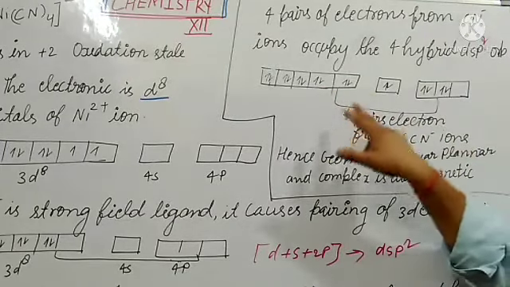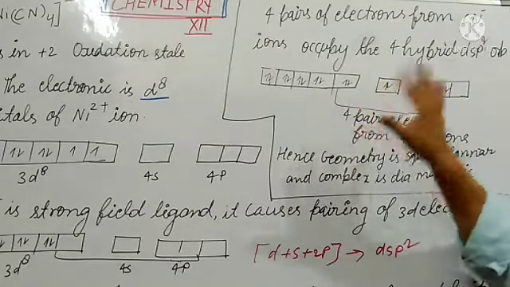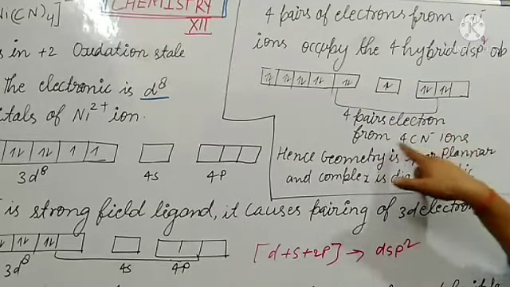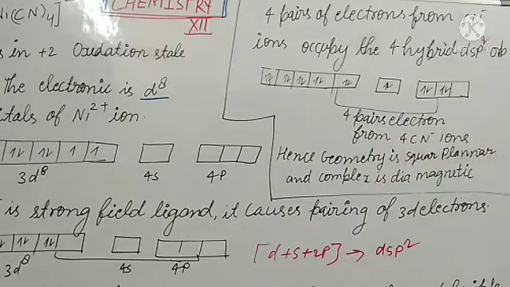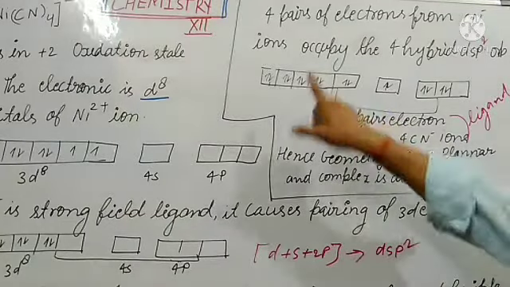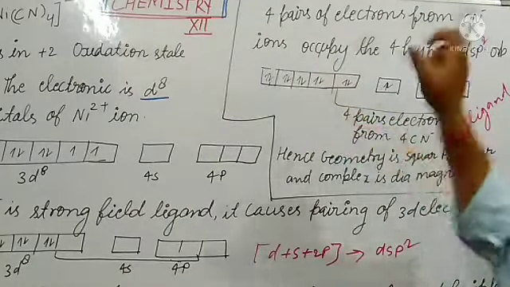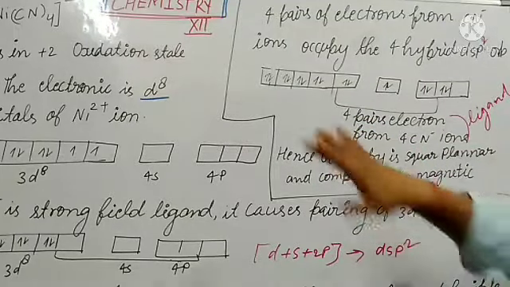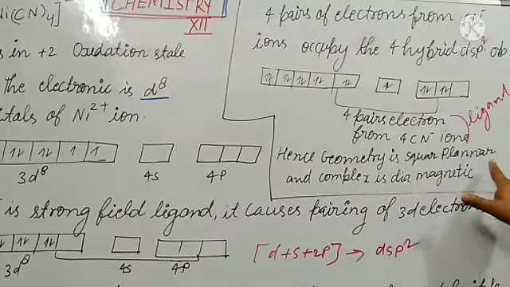But who has given these electrons? The electrons are given by the 4 ligands, 4 pairs of electrons from 4 CN- ions. These are the ligands. Being dsp2 hybridized, the geometry is square planar.